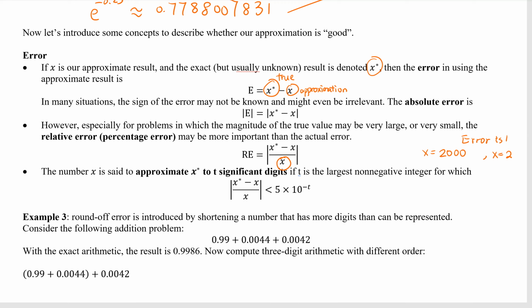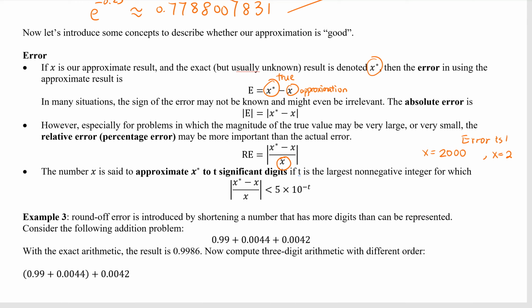The number x is said to approximate the true value to t significant digits if t is the largest non-negative integer for which the relative error is less than 5 times 10 to the minus t.